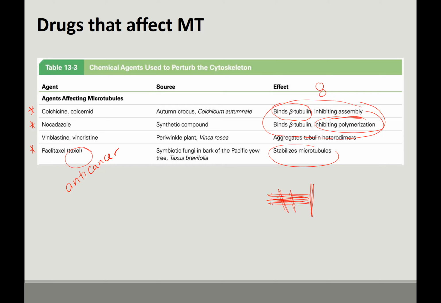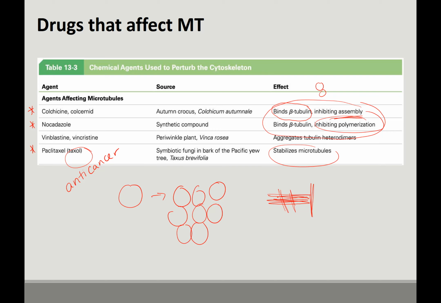The hallmark of cancer is uncontrolled cell division. And we're going to talk about cancer at the end of this semester. What's happening in cancer cells is they're dividing and dividing and dividing and dividing, they're not stopping through the cell cycle like cells should.